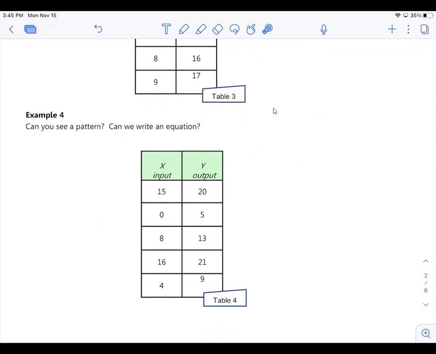All right, let me give you all one full minute. Don't say it out loud, just so people can have their time to think and see if you can come up with the pattern for example 4.